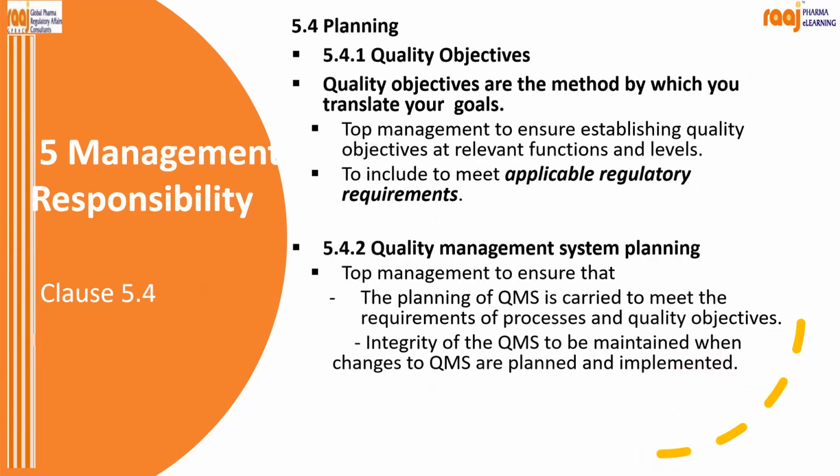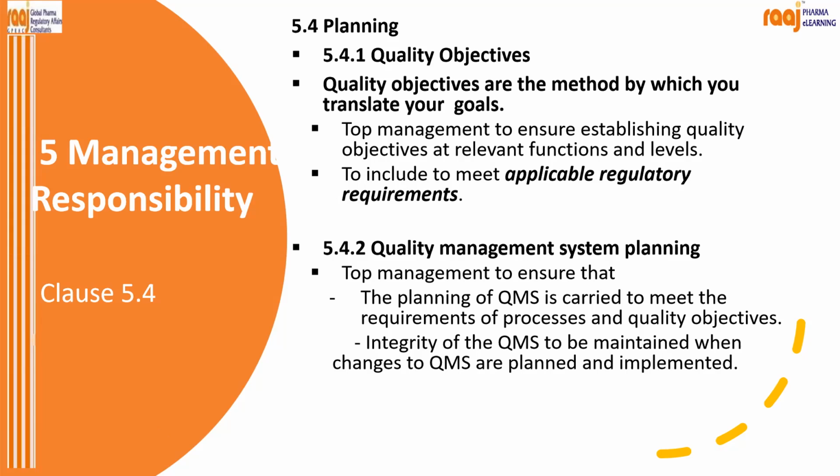Then quality objectives we have already discussed, right? Quality objectives are the method by which you translate your goals. Top management has to ensure quality objectives are established at relevant functions and levels, and include what is needed to meet applicable regulatory requirements.